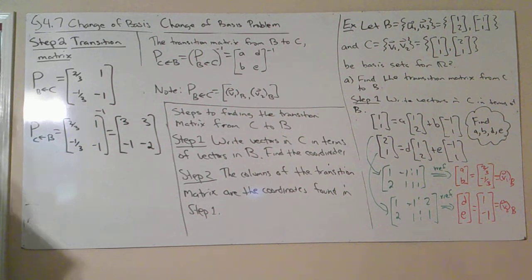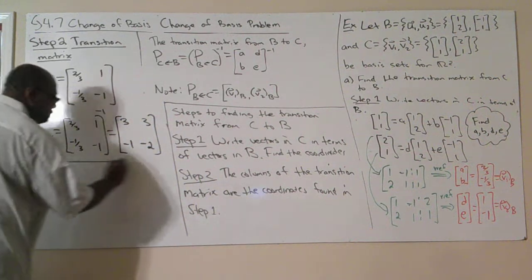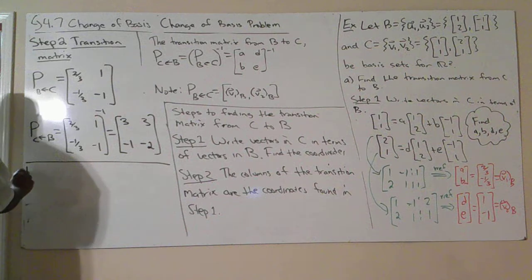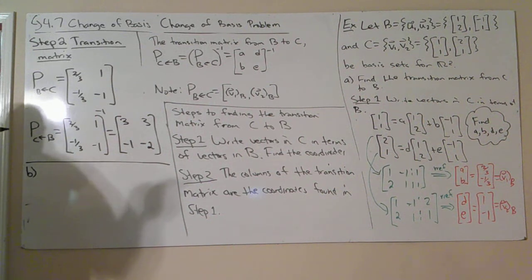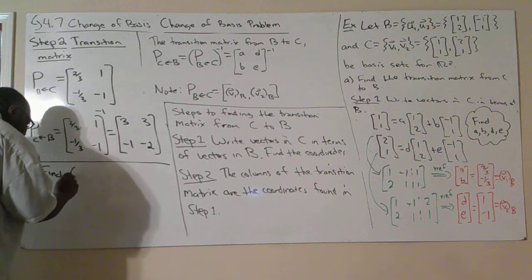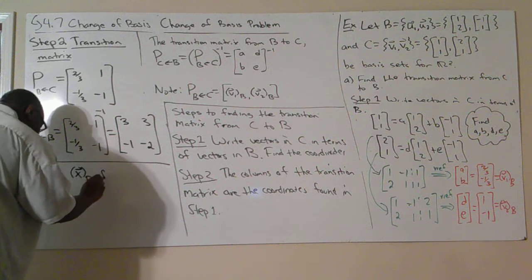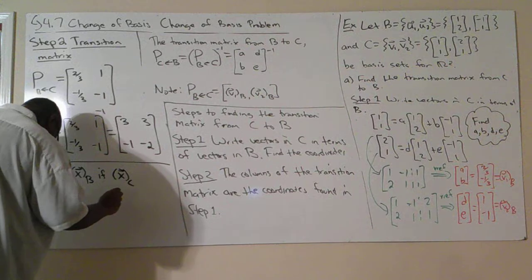Now let's look at B then. I'll put it down here. B. I gotta find the coordinates of X relative to B if the coordinates of X relative to C is equal to -3, 5.